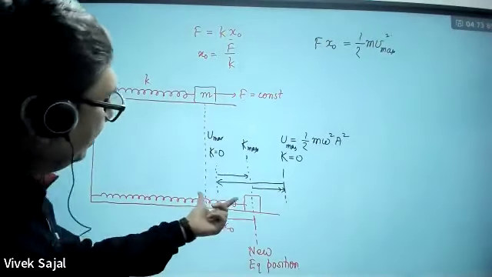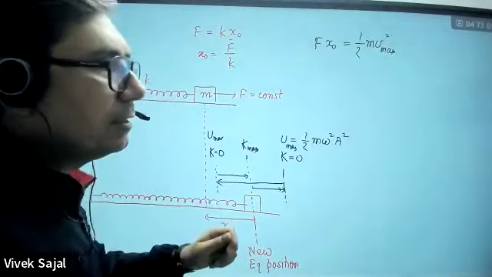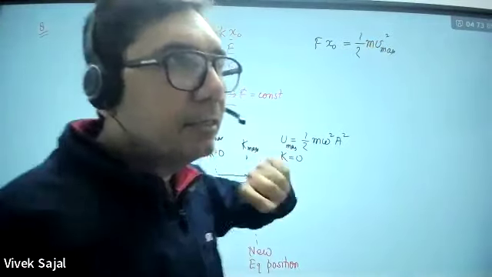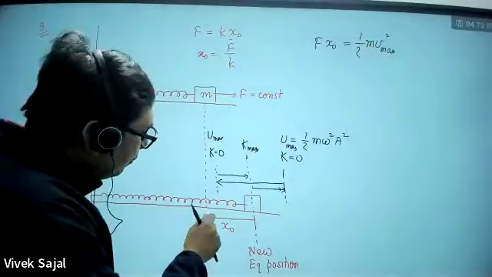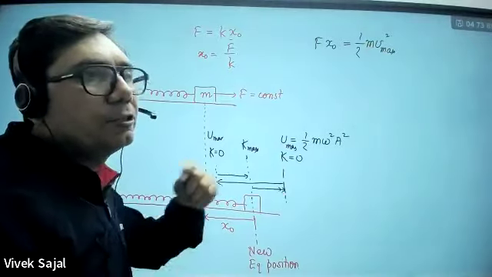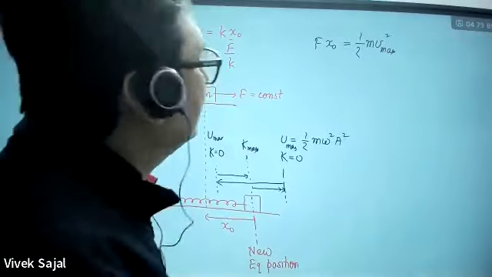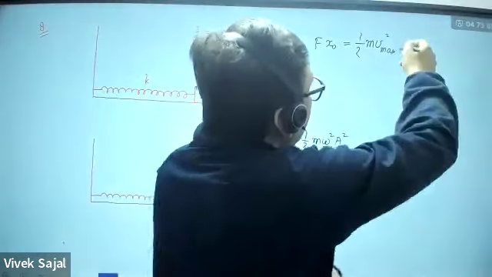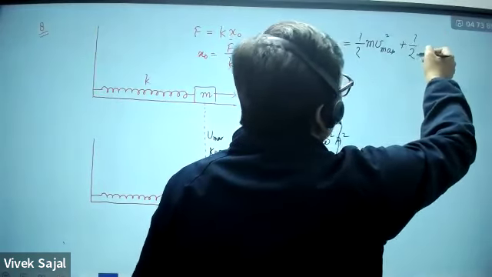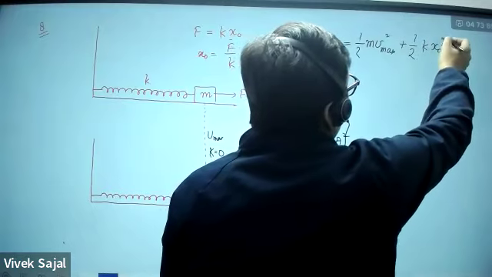But remember this, when you are displacing this, some of the work done is converted into kinetic energy. But when you are stretching this spring, some of the work done will also be stored in the form of potential energy, because the length of the spring is increased. So that will be 1 by 2 K x naught square.